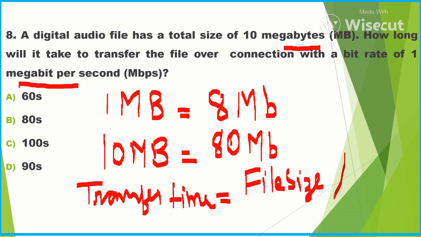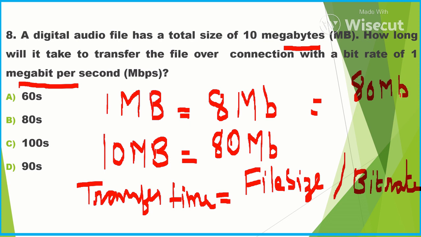That is 1 megabit per second. So file size divided by bit rate is equal to 80 Mb divided by 1 Mbps. That will be equal to 80 seconds. So the correct option is option B, 80 seconds.